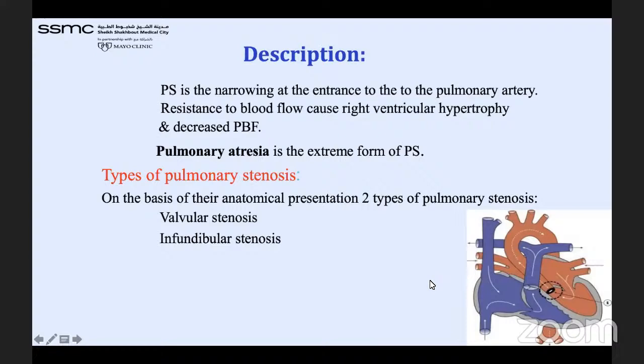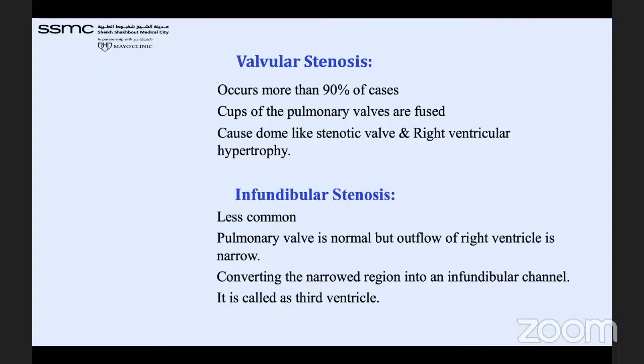Pulmonary stenosis is the narrowing at the entrance of the pulmonary artery, and pulmonary atresia is the extreme form of pulmonary stenosis. Now there are two types of pulmonary stenosis: valvular stenosis and infundibular stenosis. Valvular stenosis is common, 90% of the cases, and it affects the valve.